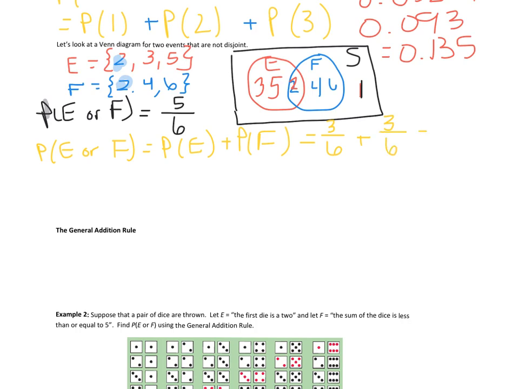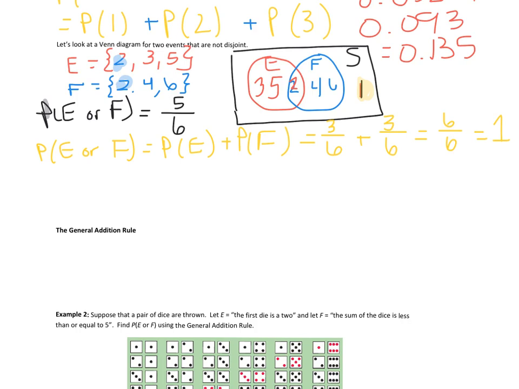And now look at this. If we add up those fractions, we get 1. So that means that's a sure thing. So we're always going to get, when we roll a die, a 2, 3, 4, 5, or 6. That's false, because we can also get a 1. So it's not a sure thing. It should be 5 over 6. It shouldn't be 100%.